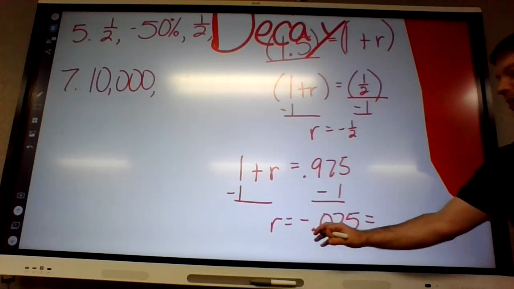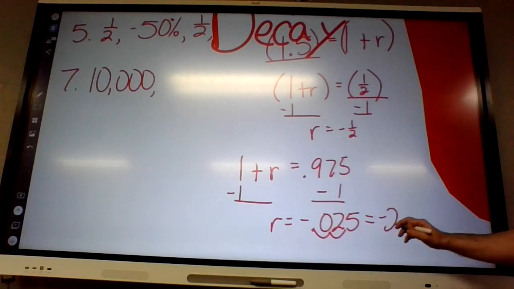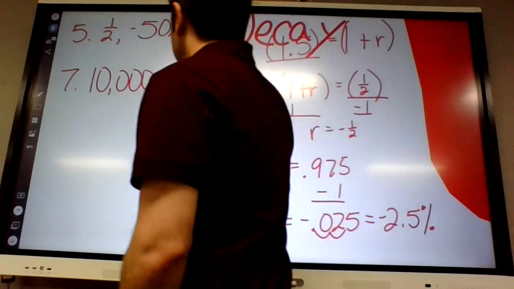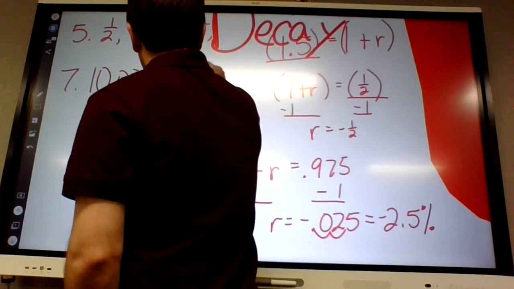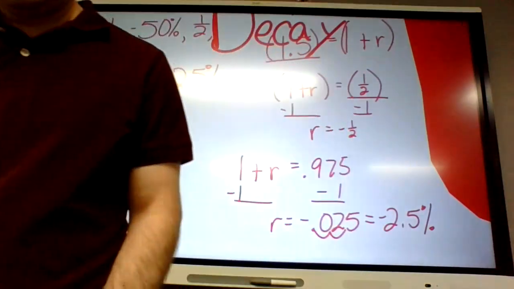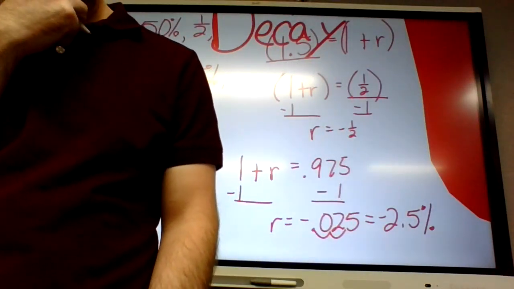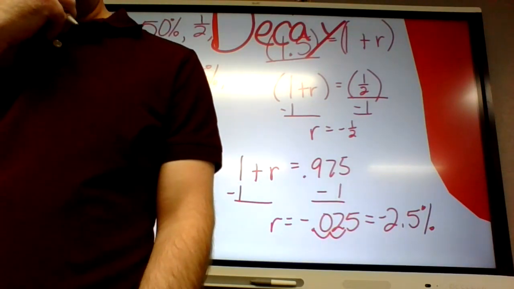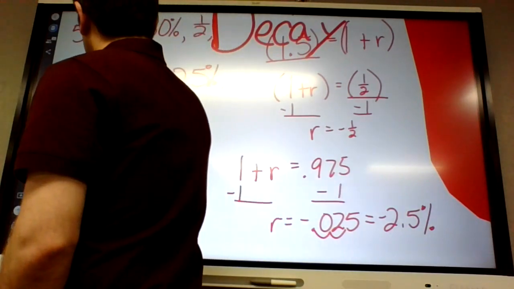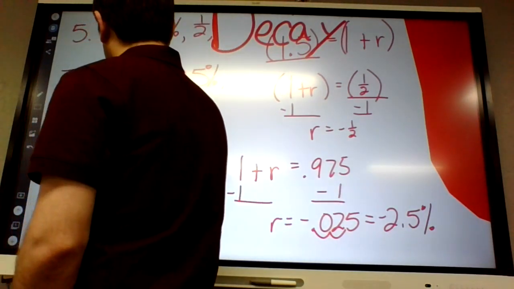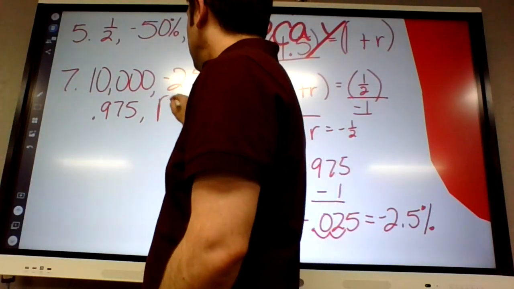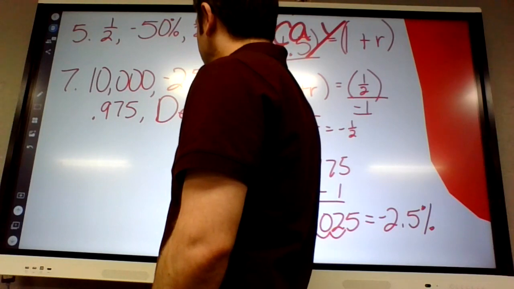Right, move the decimal twice, negative 2.5%. Okay, what's the growth factor? 0.975, taken from the parentheses. And then is it growth or decay? It's dropping 2.5%, so it's decaying.